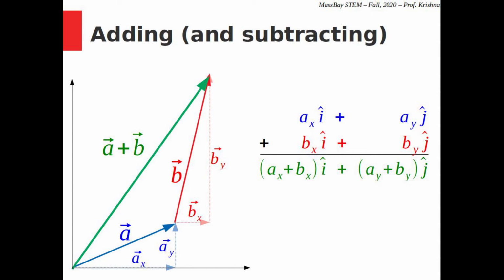If these had been three-dimensional vectors and there were z components, you would add them in the same way. Subtraction follows the same logic, except we subtract the coordinates rather than adding them.